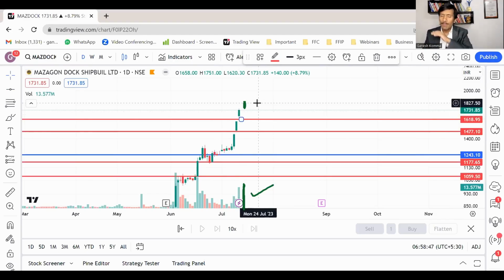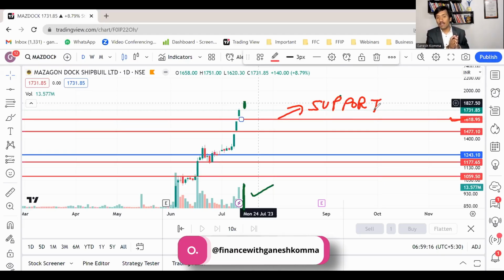If the stock, for any reason, falls below this level of 1618, because this is the support you have defined yourself, and there is no rocket science there, that support is just the closing price of yesterday's candle.